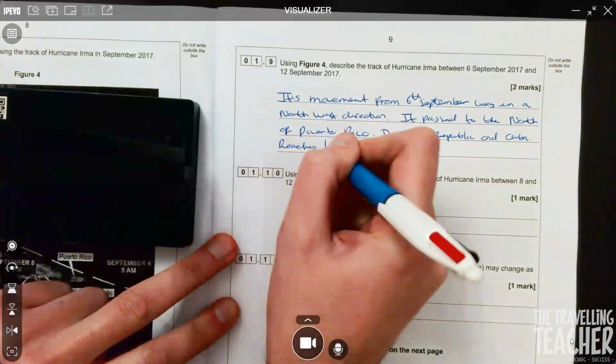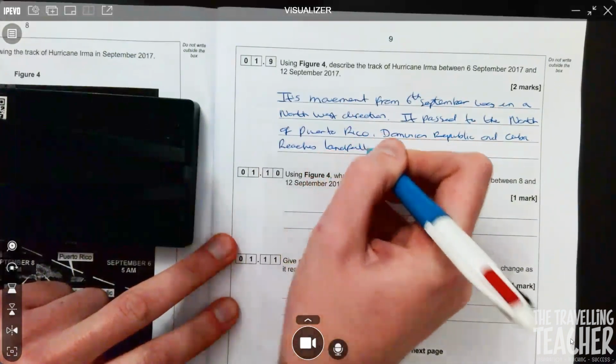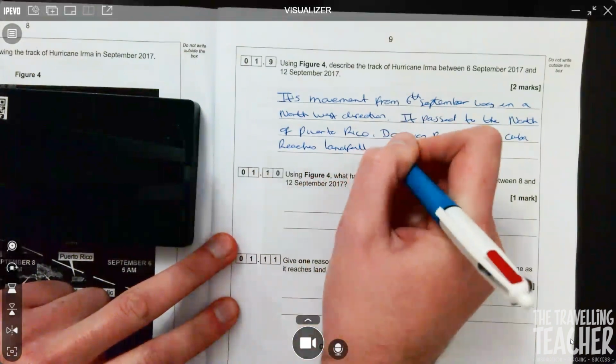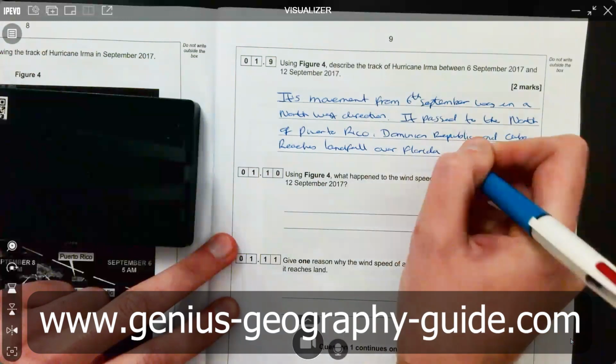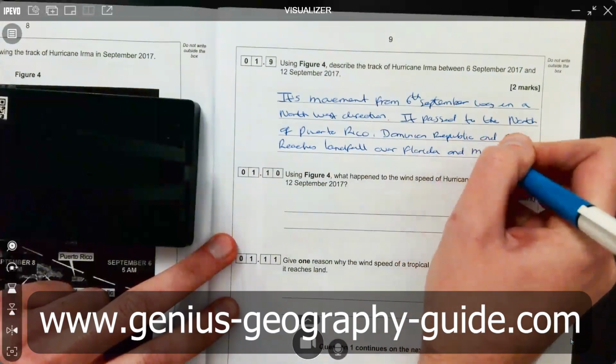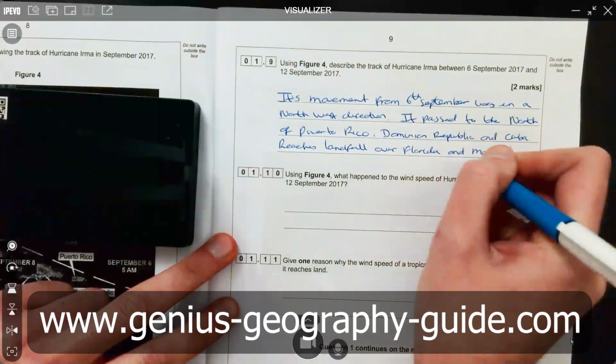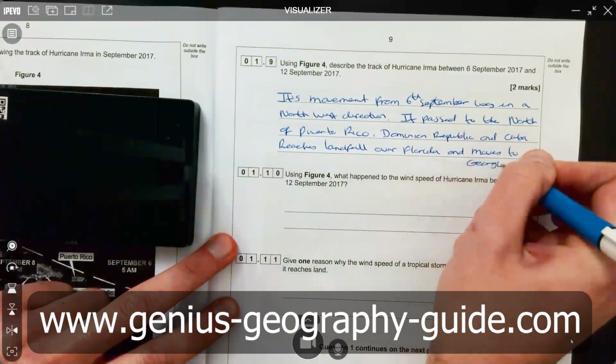It reaches landfall over Florida and moves to Georgia.